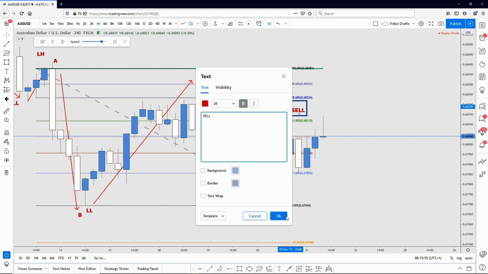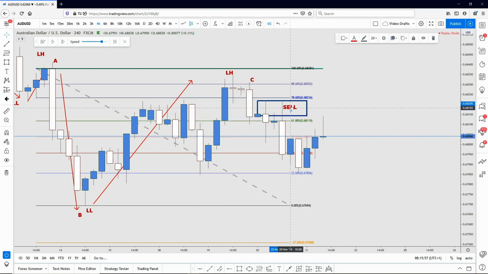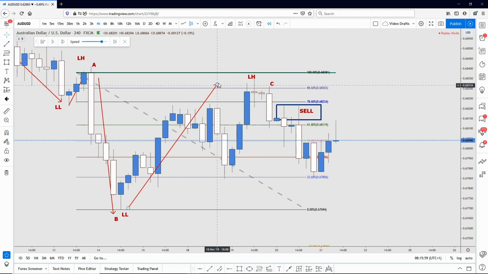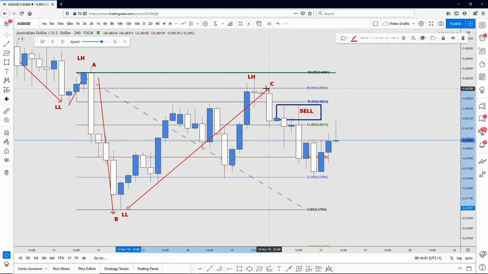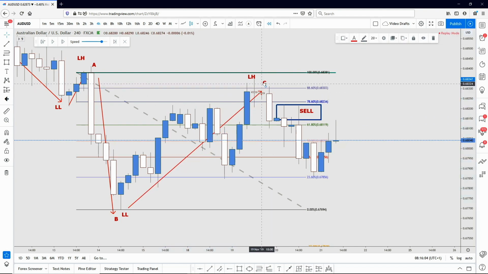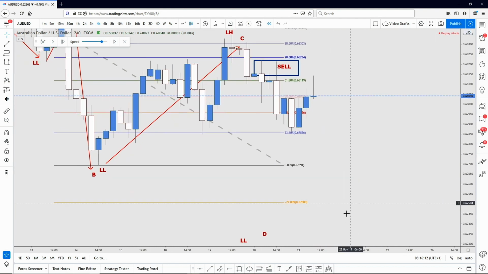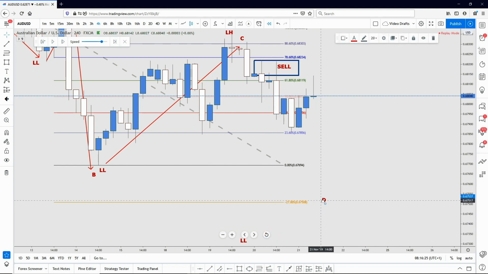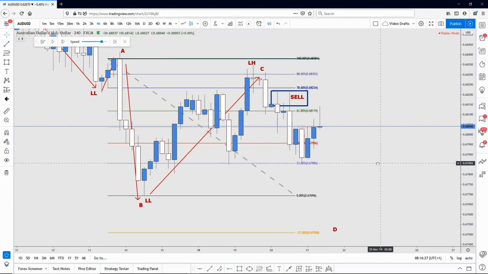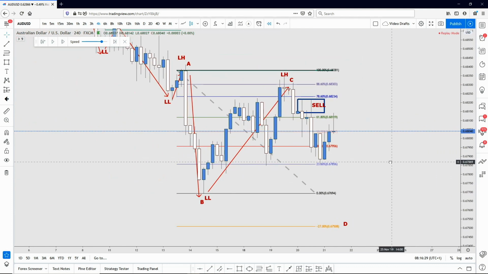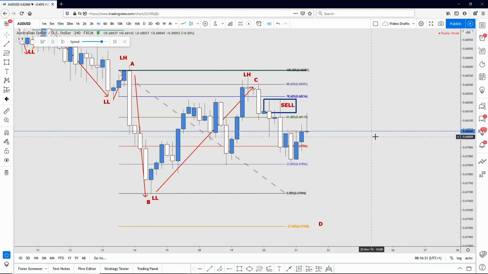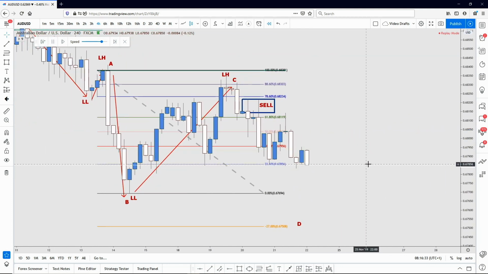But again, all we're doing is learning to place fibs on our chart, Fibonacci, and look for the retracement to point C. And then from point C, we try to figure out where we want to sell. And then point D will be our take profit. Point D is our take profit. And we're just going to hit play again and see what happens.